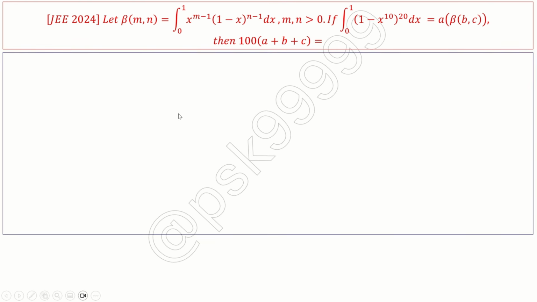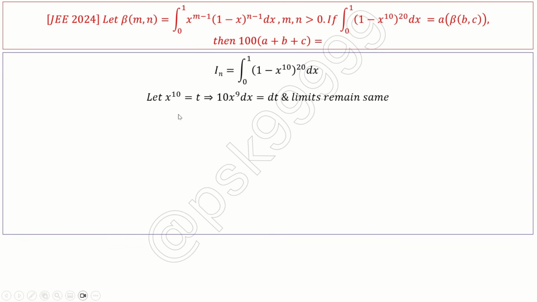We derived it previously also, right? So this is I of 20, I would say: the integral from 0 to 1 of 1 minus x to the power of 10, whole to the power of 20. Take x to the power of 10 as t, then 10 times x to the power of 9 dx is dt. The limits remain the same, 0 to 1, because this is x to the power of 10 only.